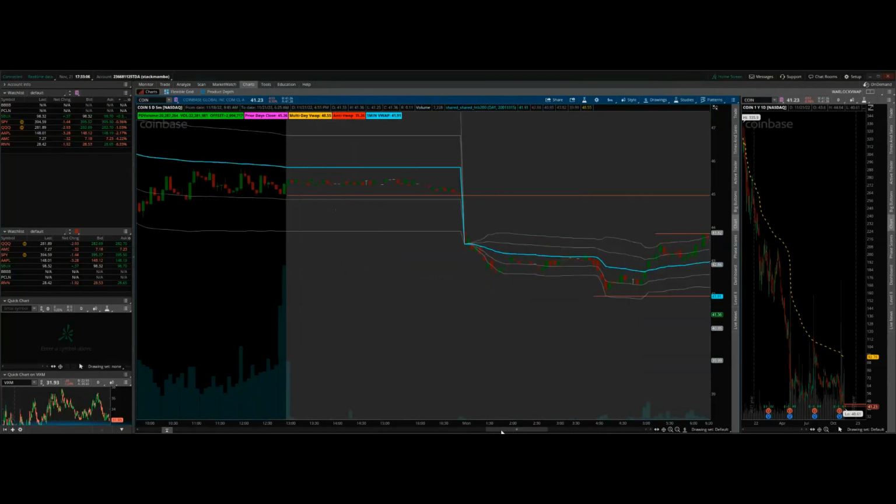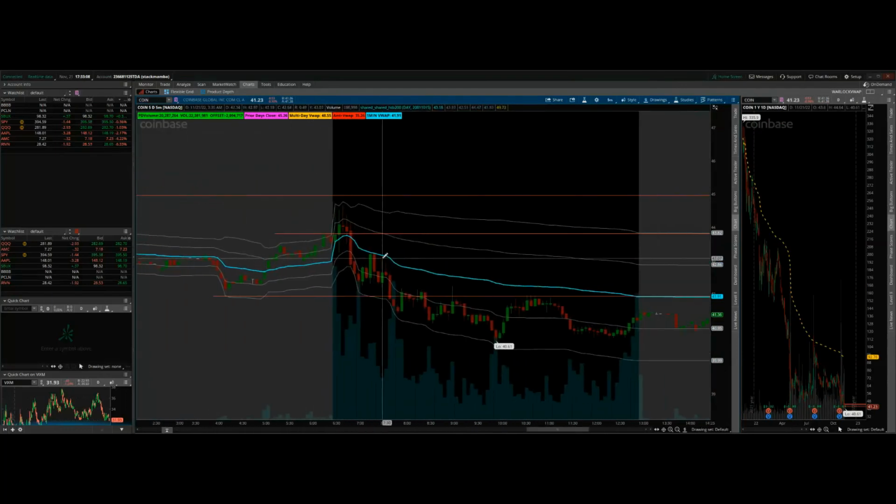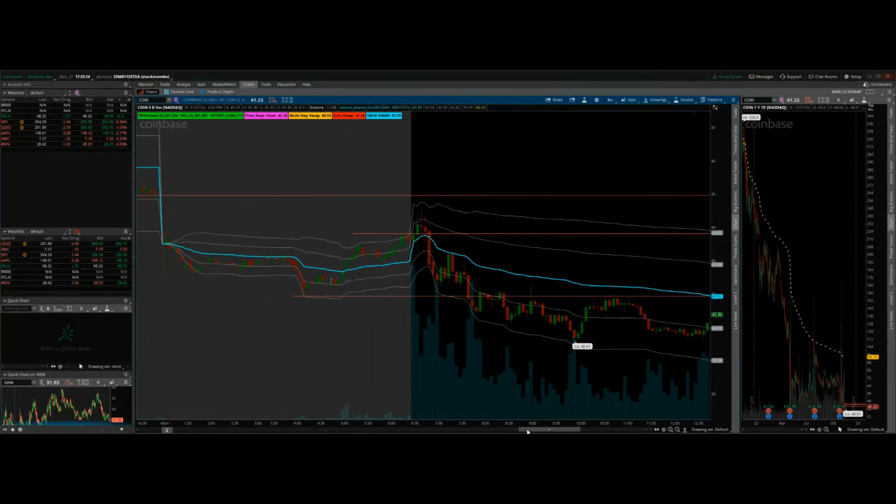All right, so now we've created a range. 1, 2. So what does it do from here? We get a break. We're above VWAP. Can't really get back above this. And the average true range for Coinbase is pretty high.